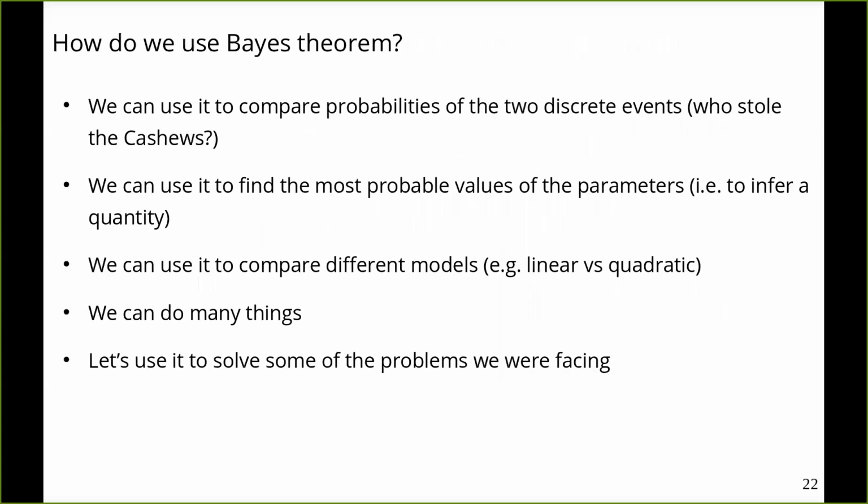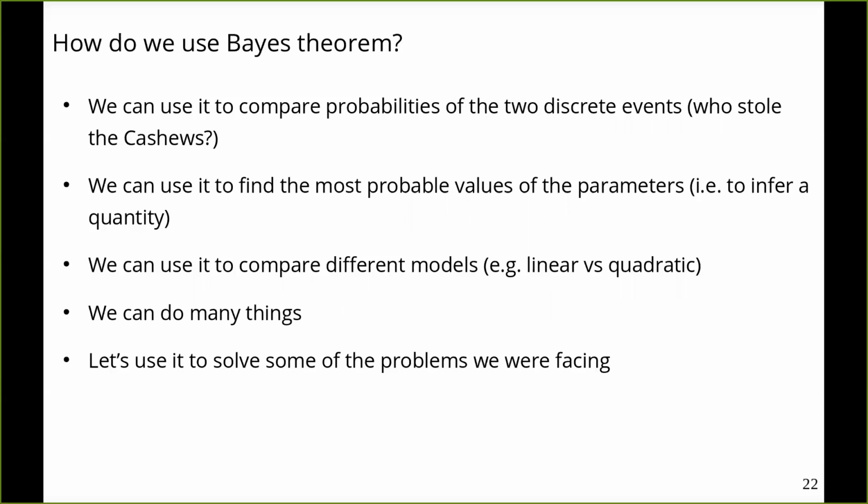Okay, and for example, we can use now this Bayes theorem to solve many problems that we have here. For example, we can use it to compare the probabilities of two discrete events. In this case, two discrete events are Ivan stole the cashews, the bride stole the cashews, right? We can use it on the continuous variables to find the most probable values of the parameters, which is something, for example, that we started from. We were doing some measurement.